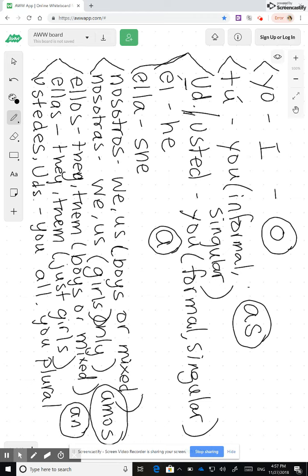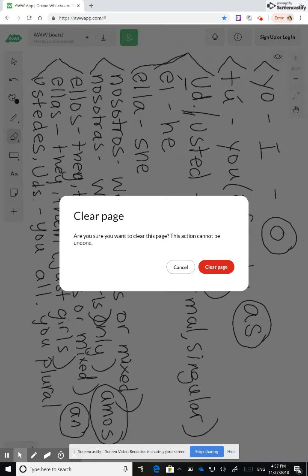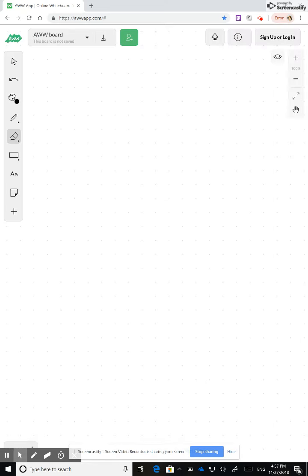Okay, so now we're going to talk about the steps that we need to take to conjugate a verb. So our first step, we're going to start with an AR verb in the infinitive form.